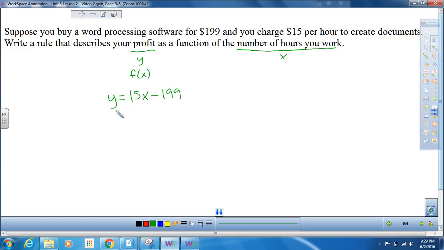You might see this y written as p of x. The only reason why p is there is because of profit. And we're subtracting the $199 instead of adding it because we're talking about profit, and $199 is actually a cost.